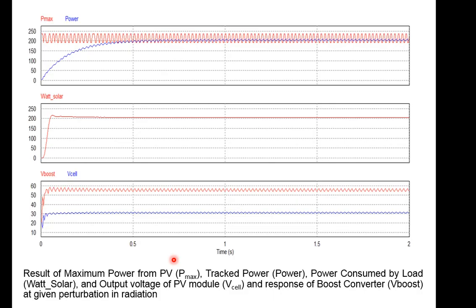So this is what the system has been tested for, a 250 watt module, with the perturbation pattern as an input, and this is the power drawn by the load, and this is the boosting of the voltage. This cell voltage represents particularly the output of a single PV module.